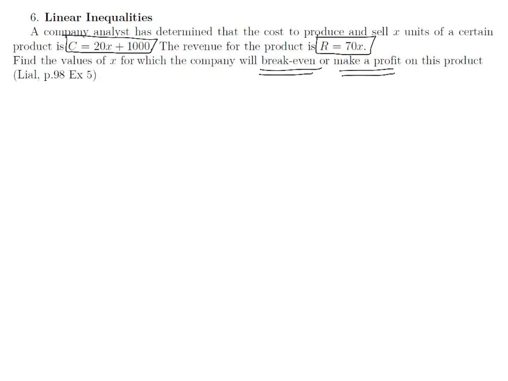So that would be when the revenue, or money coming in, would be greater than the costs going out. Okay, so break even is that place where you're not quite making a profit and you're not losing money, so it's where revenue equals cost or where profit equals 0.